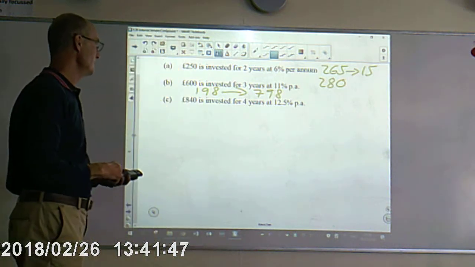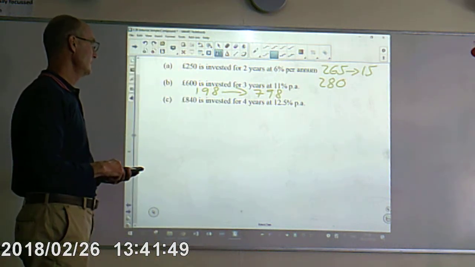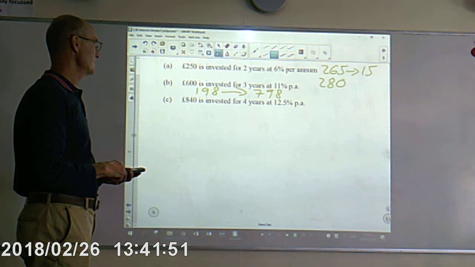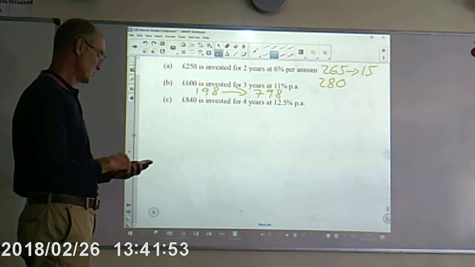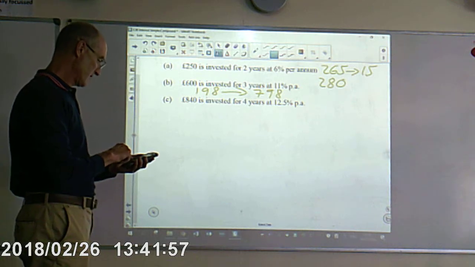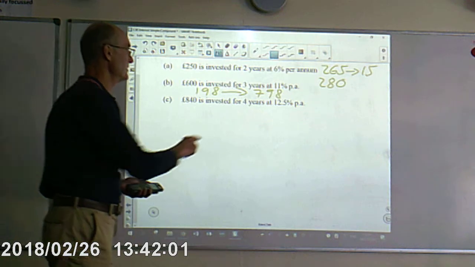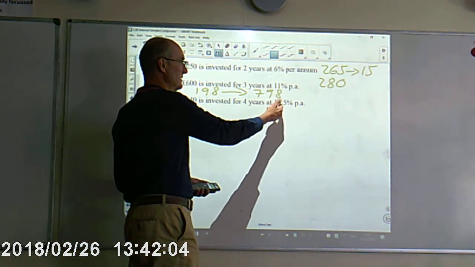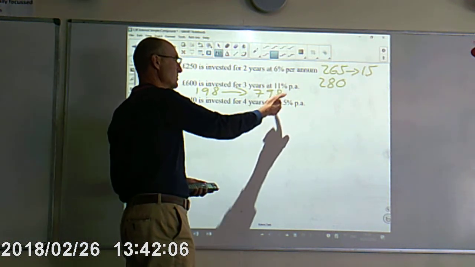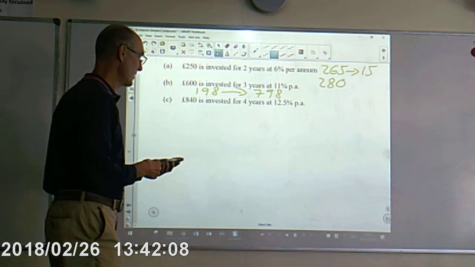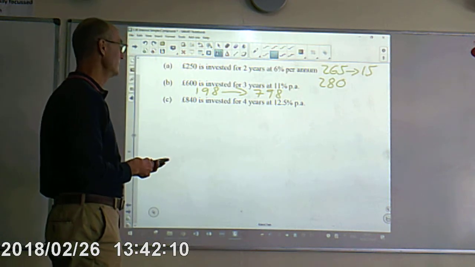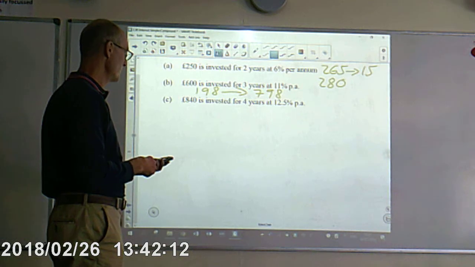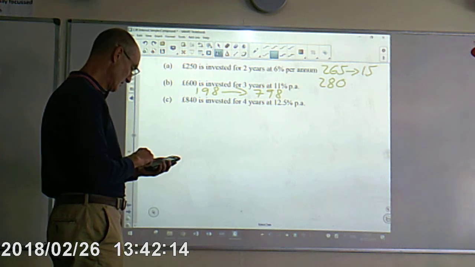And then the last one, £840, 4 years, 12.5%. So my multiplier for each year is going to be 0.125. Don't forget 12.5%, 12.5 hundredths. So 0.125 is my multiplier. 0.125 times 840.